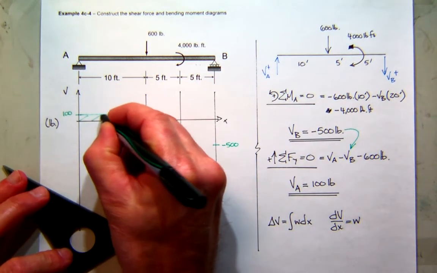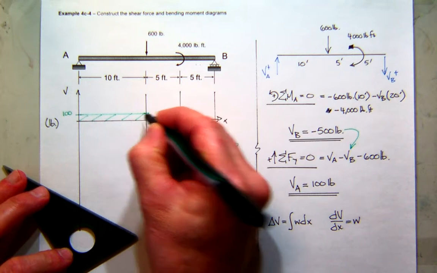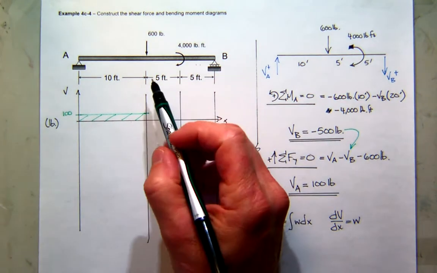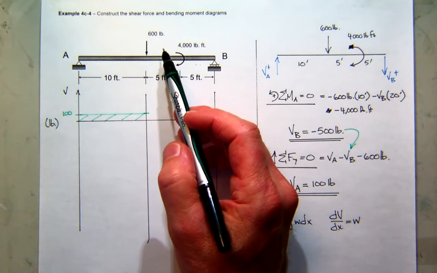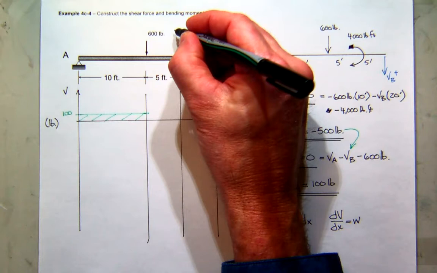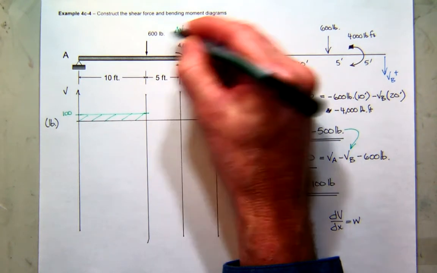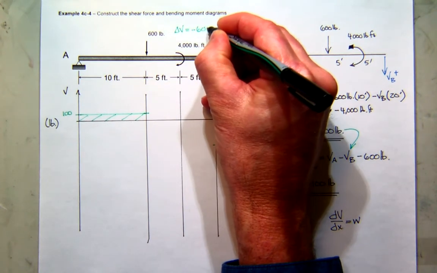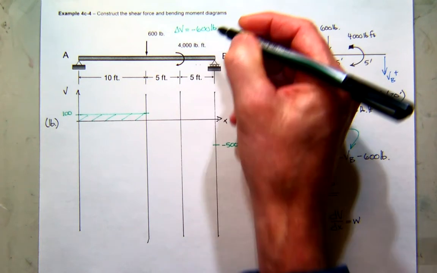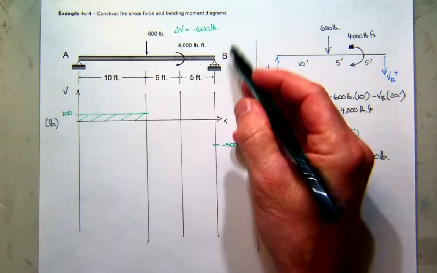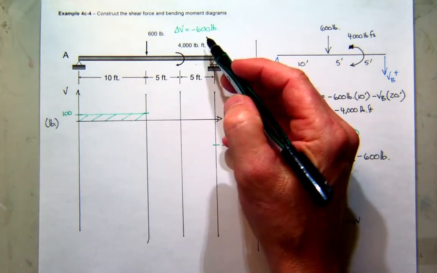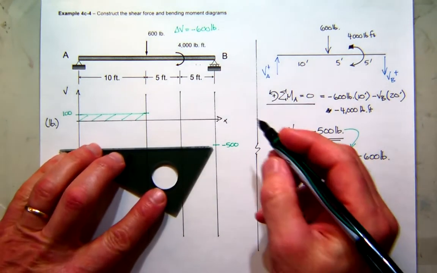So it looks like I got constant shear over the first 10 feet. Now as I go from left to right, how much does the shear change? Remember, the change in shear is equal to the load, which in this case would be minus 600. So 100 minus 600 is minus 500.